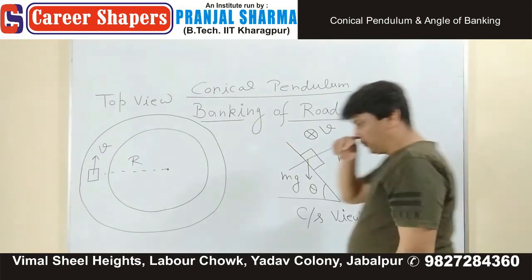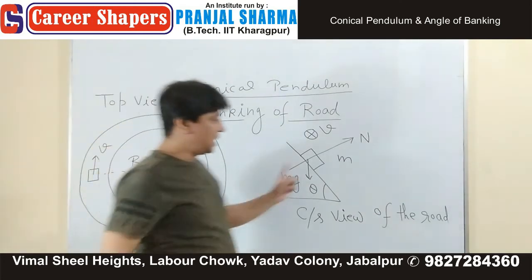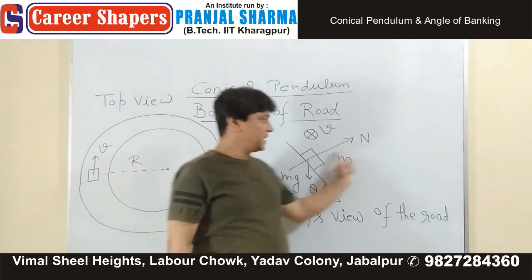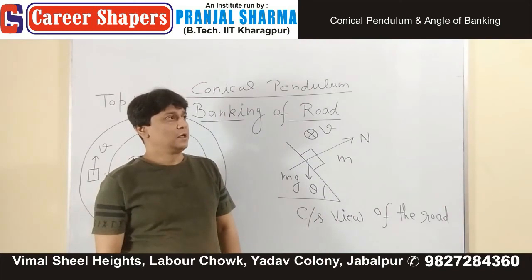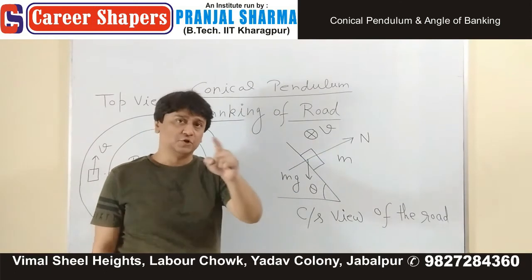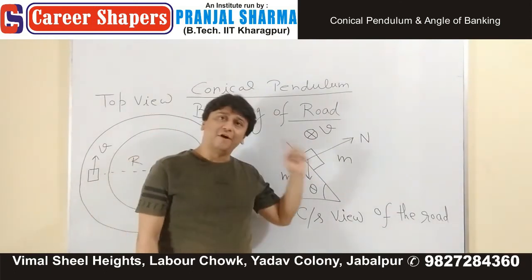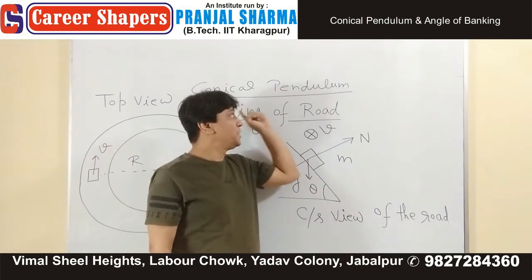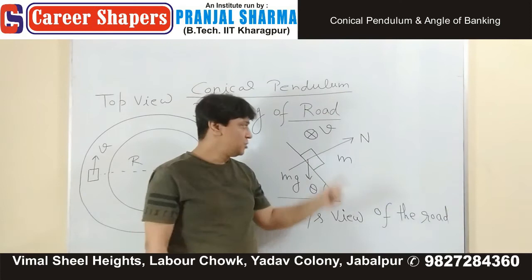Under these two forces, the car is making a circular turn. Now, the moment you can visualize that the role of tension force in the conical pendulum is played by normal reaction.